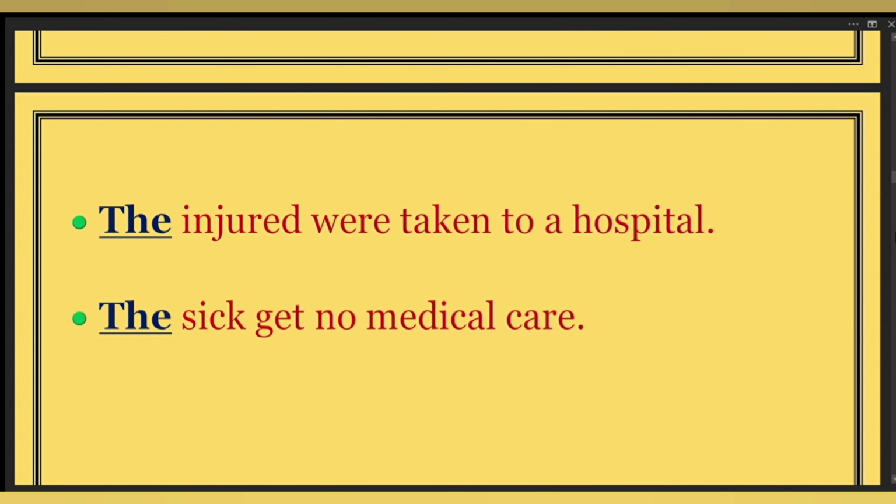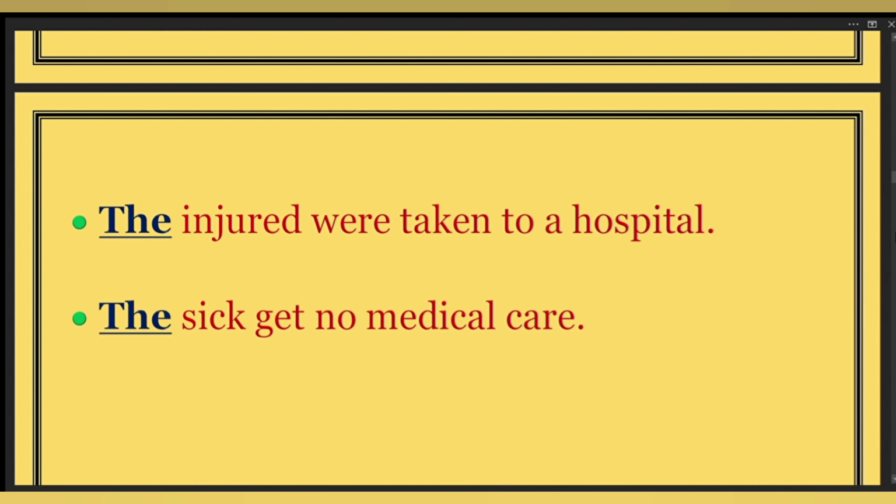Now, when we speak of the earth, the moon, the sun, and the planets in our solar system, and with those nouns that are the only one of their kinds. For example, the moon is the earth's only natural satellite.